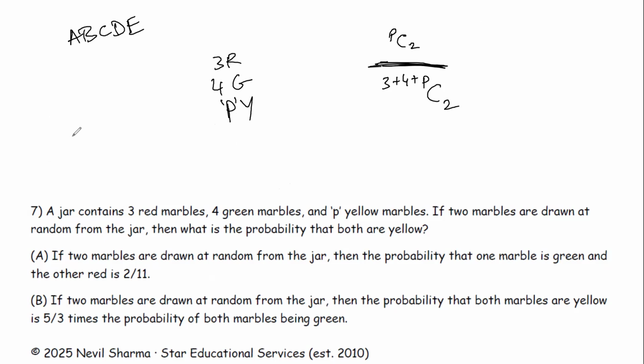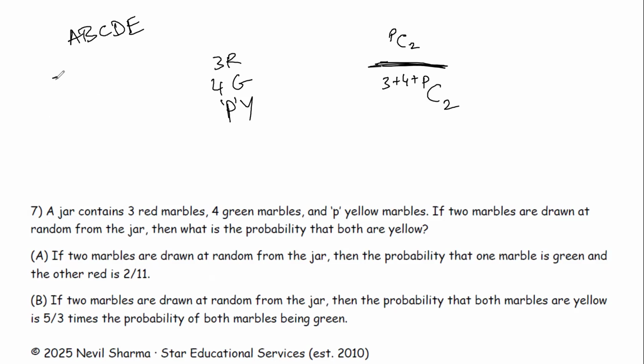So statement A. If two marbles are drawn at random from the jar, then the probability that one marble is green and the other red is 2 by 11.